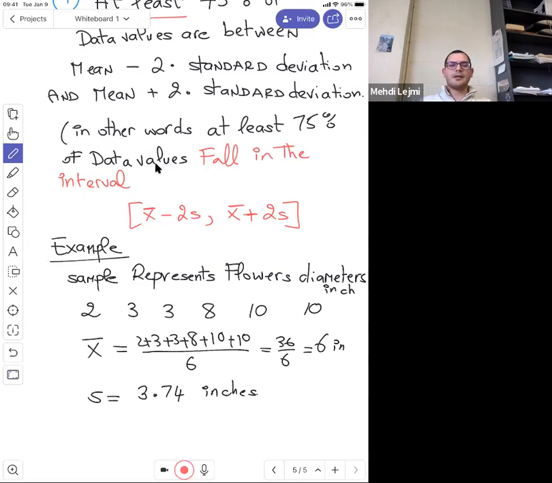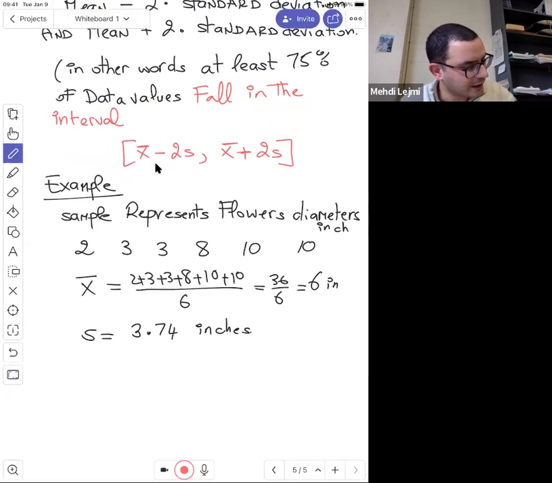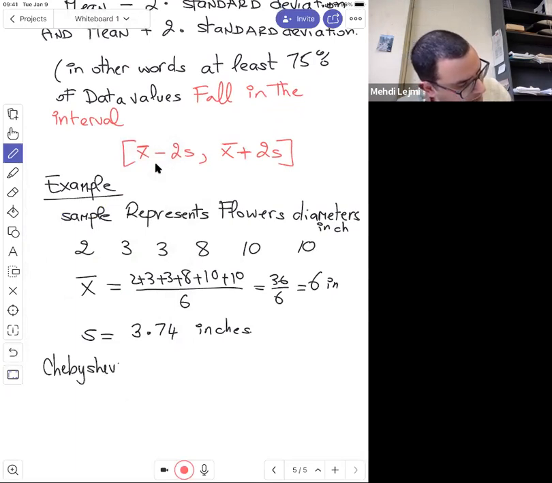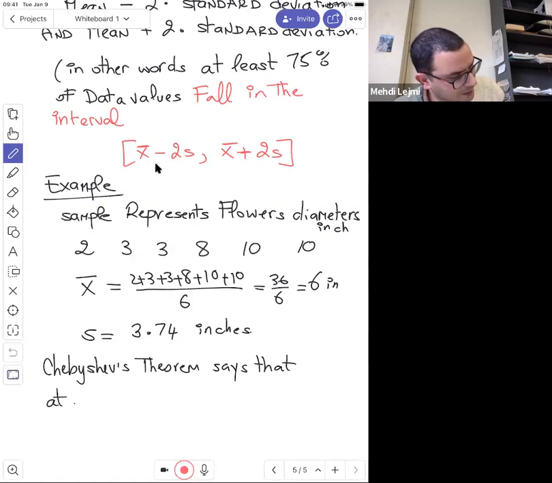Okay. So what does the Chebyshev theorem say? Well, we know for a fact that at least 75%. So the Chebyshev's theorem says that at least, and again, at least here means minimum.